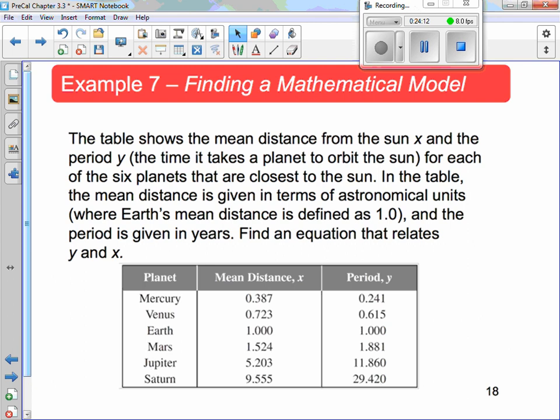The table shows the mean distance from the sun and the period y, the time it takes a planet to orbit the sun, for each of the 6 planets closest to the sun. In the table, the mean distance is given in terms of astronomical units, where Earth's mean distance is defined as 1, and the period is given in years. For each, find the equation that relates x and y.